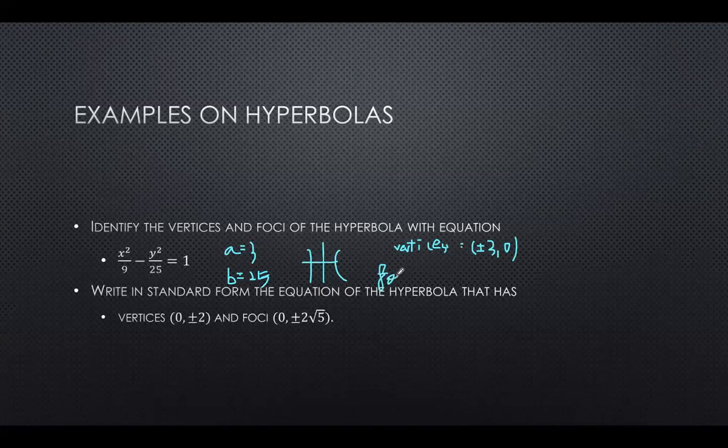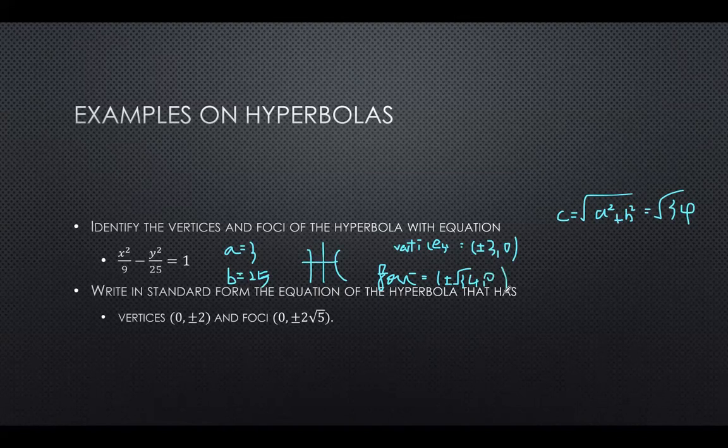In terms of the foci, you have to find the number c, which is the square root of a squared plus b squared, which is the square root of 9 plus 25, which is square root of 34. So it's plus and minus square root of 34, 0.